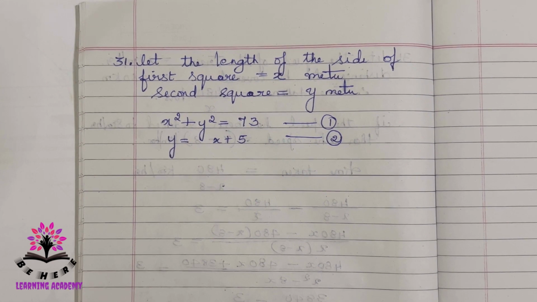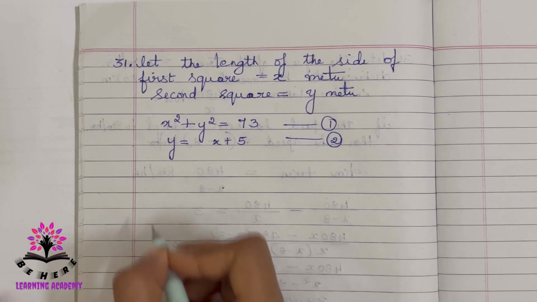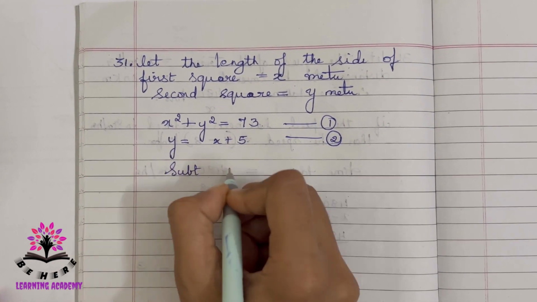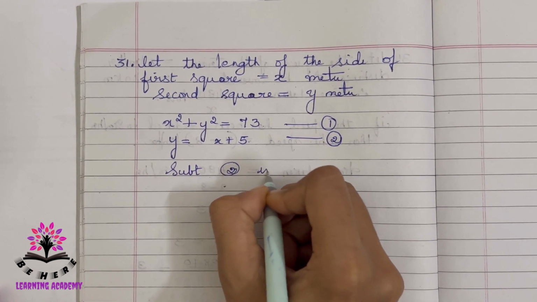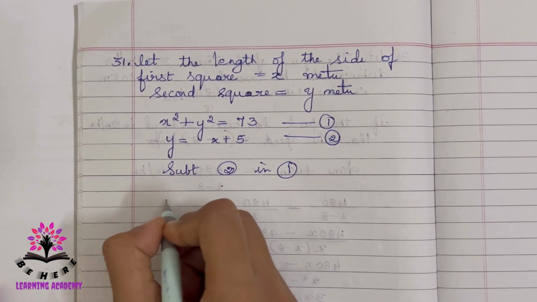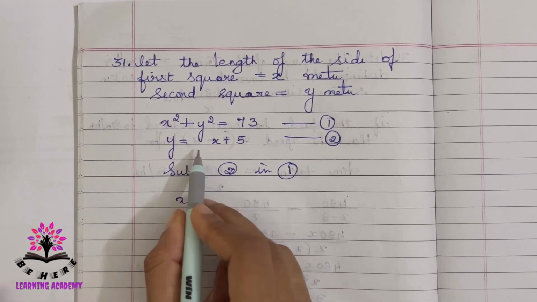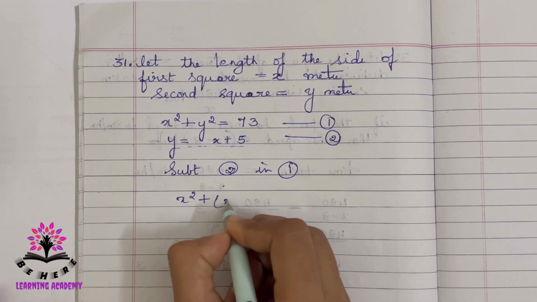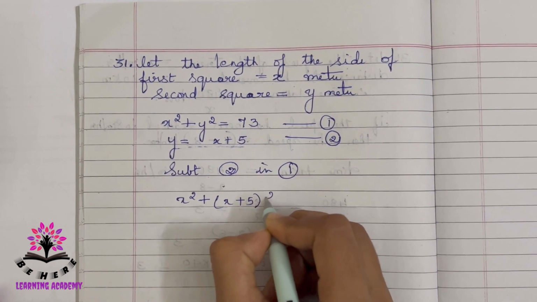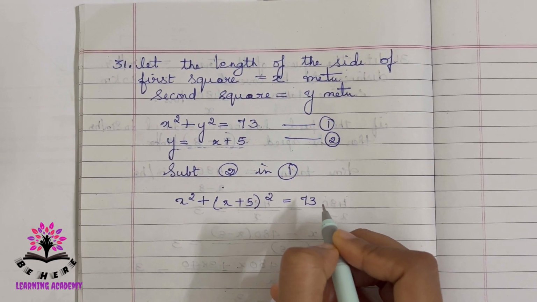So here we can do the substitution method. I will substitute the second one in the first equation. The first equation is x square plus y square. In place of y, I will write x plus 5 whole square is equal to 73.